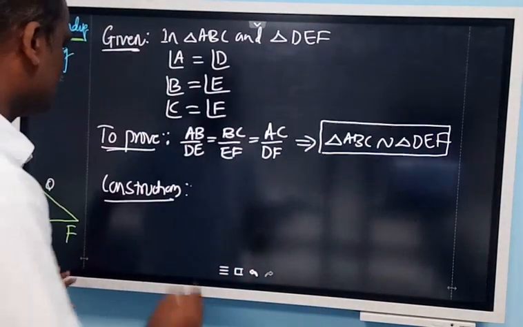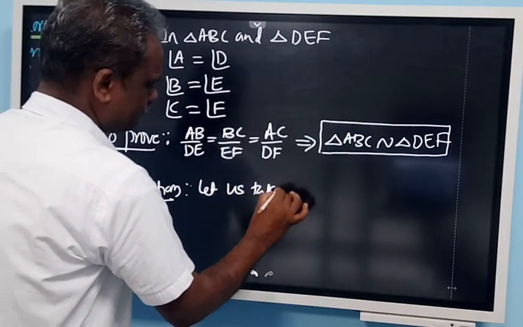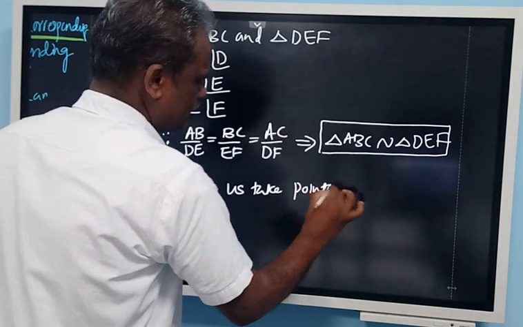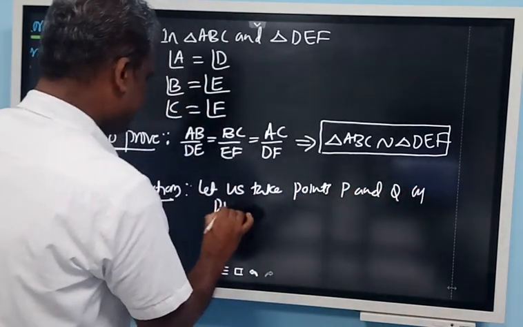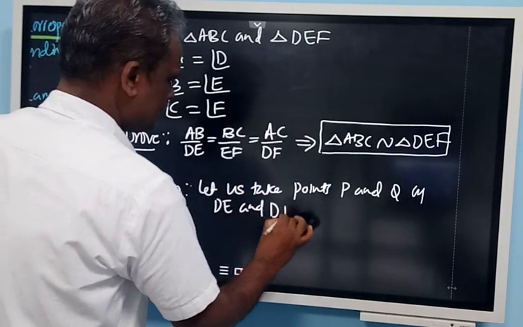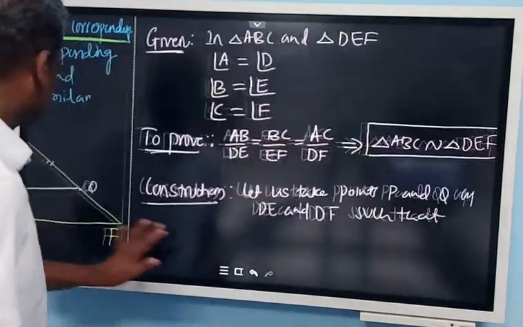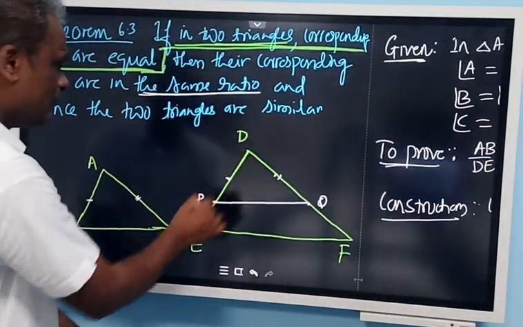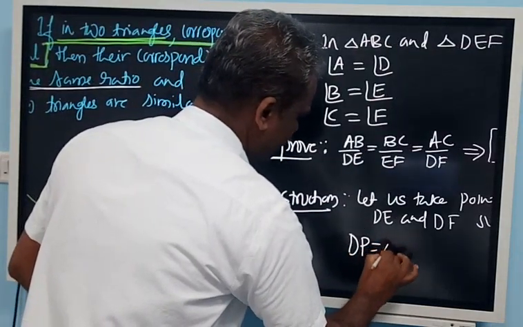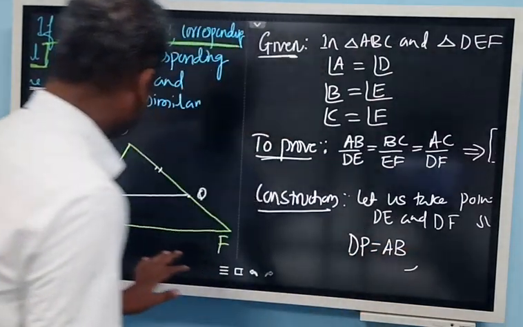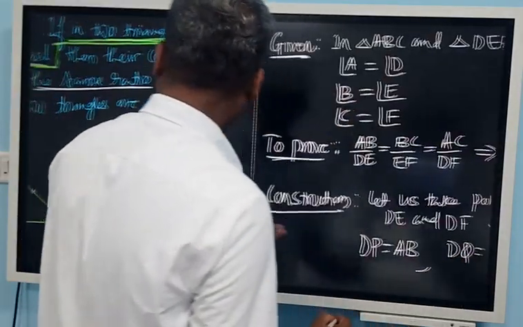So let us take points P and Q on DE and DF such that DP is equal to AB, first condition, and then DQ should be equal to AC.